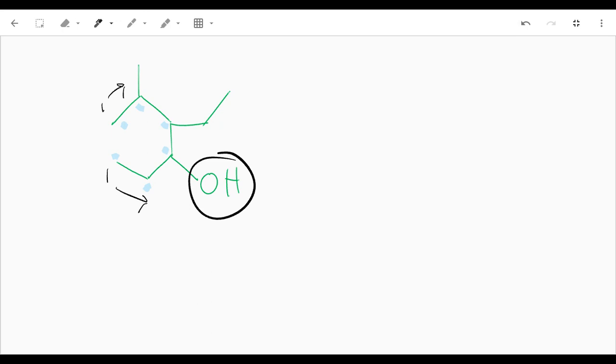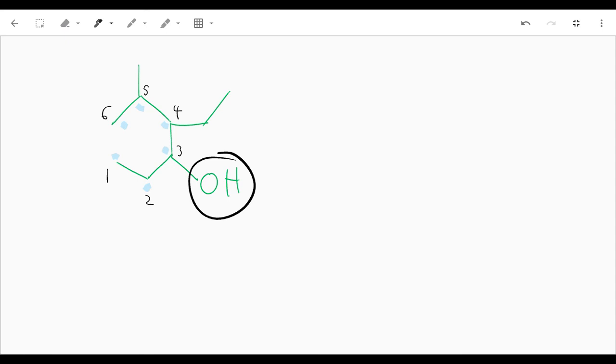You'll actually get lower numbers on the branches if you use the top carbon, but the branches are less important than the hydroxyl group. So we're going to number it off in a way that prefers giving the hydroxyl group the lowest number possible. So we would have 1, 2, 3, 4, 5, 6.